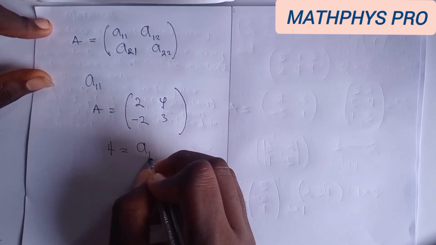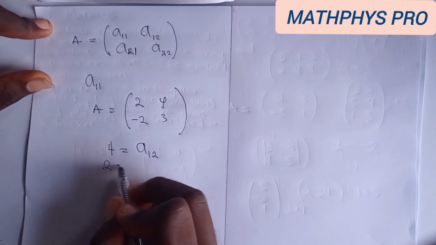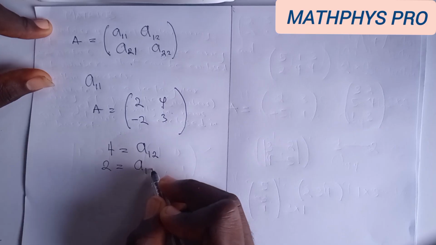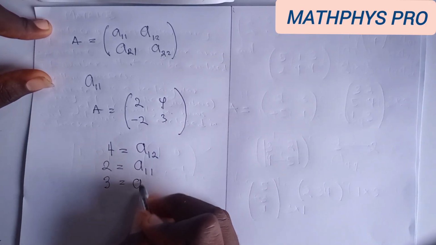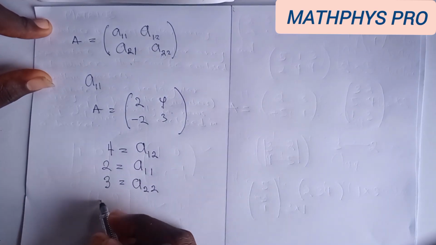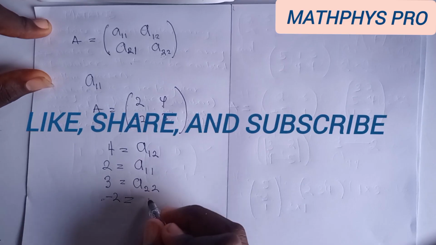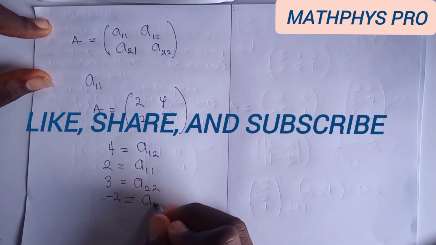The element 2 is in the first row and the first column, while the element 3 is in the second row and the second column. Likewise, the element minus 2 is in the second row and the first column.